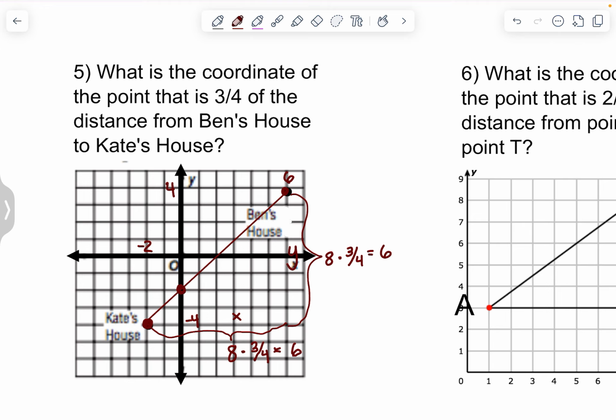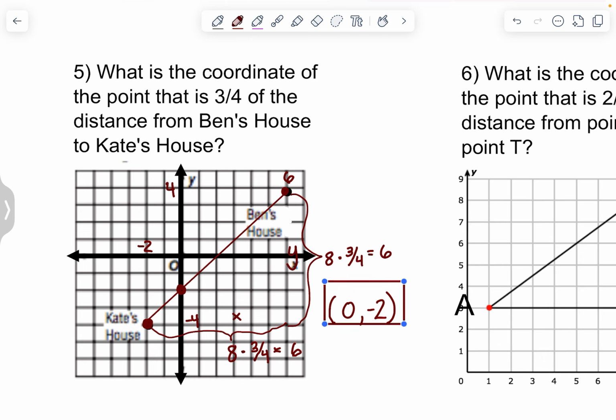And that is where Ben is going to meet Kate. Ben is going to meet Kate at what point? What's the coordinate location of that point? Hopefully you said that that point is at 0, -2. And that is our final answer.